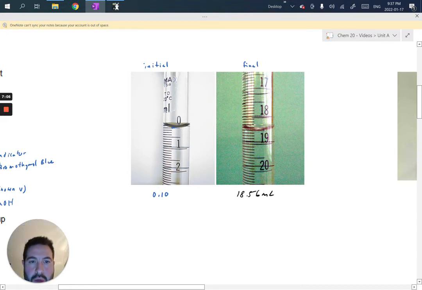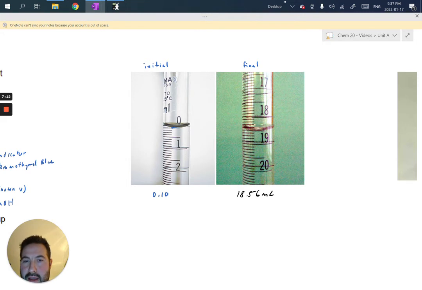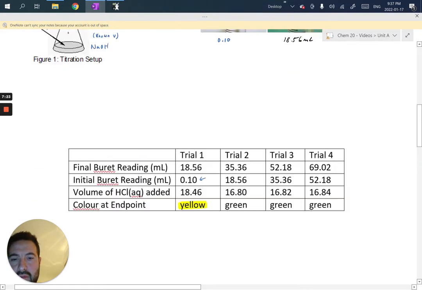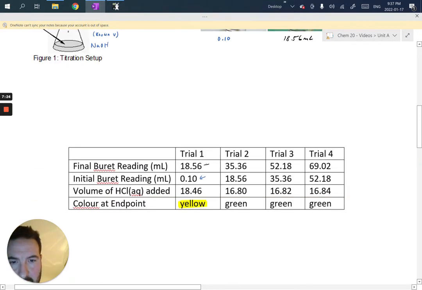And you notice that the graduations on the burette go down as you go from top to bottom. That's because we're letting liquid out of the bottom of this burette. So I'm going to record that value. There's my 18.56. Now to figure out how much HCl was added, I'm just going to subtract those, and I'm going to get this value right here.